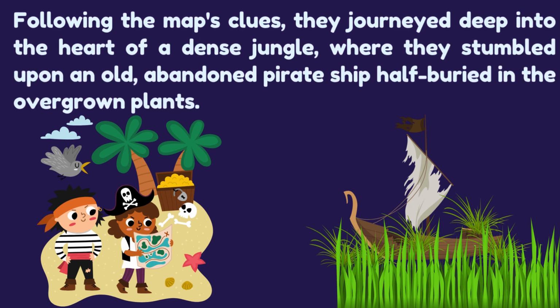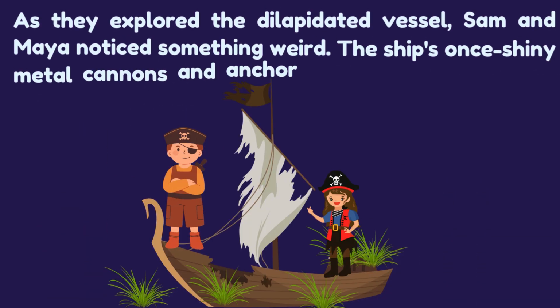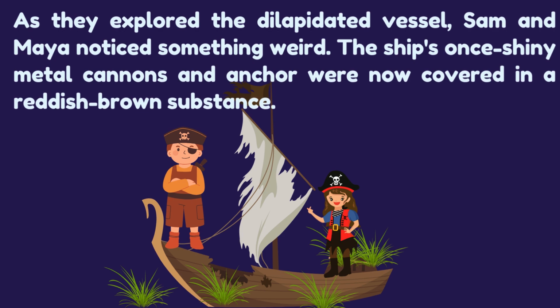Following the map clues, they journeyed deep into the heart of a dense jungle, where they stumbled upon an old, abandoned pirate ship half buried in the overgrown plants. As they explored the dilapidated vessel, Sam and Maya noticed something weird.